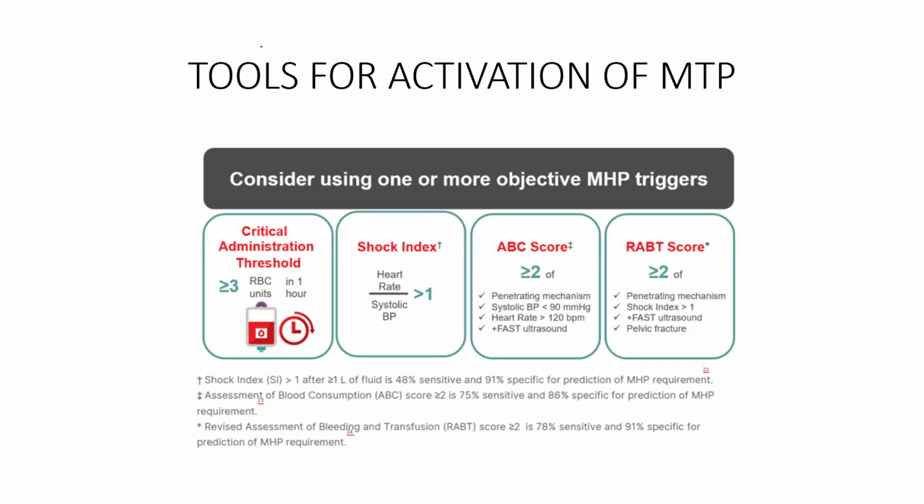Usually it has a 78% sensitivity and a 91% specificity for the prediction. As compared to the ABC score, your RABT score is slightly better because it encompasses the use of your shock index. The type of mechanism is taken into picture, that is, penetrating wounds would be considered, and fractures are also taken into consideration. So these are probably better objective tools for the initiation of massive transfusion protocol. Is it clear?